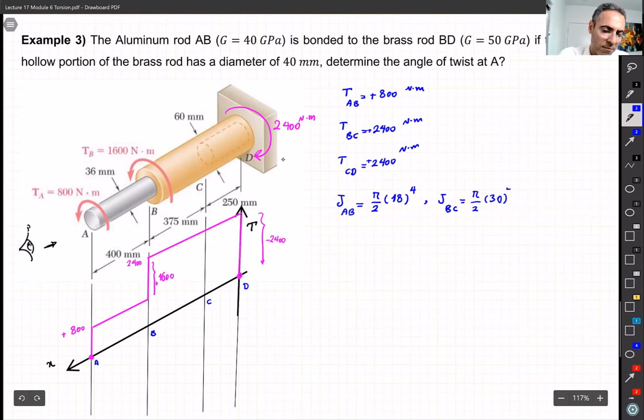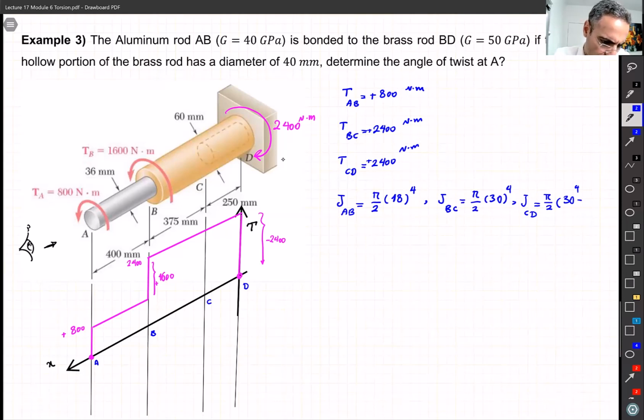30 radius 4, and then J from C to D is pi over 2 outer radius 30 minus inner radius, which is oh, it must.